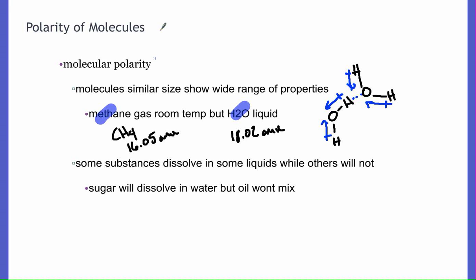Methane, on the other hand, that CH4, if I drew that molecule out, remember it's going to be tetrahedral. And although in this case it doesn't actually matter that it's tetrahedral, sometimes it does.